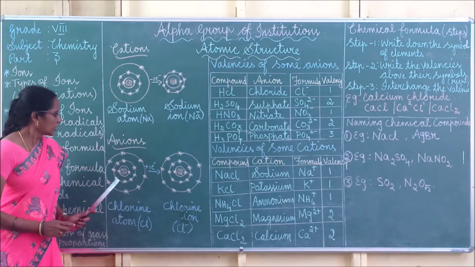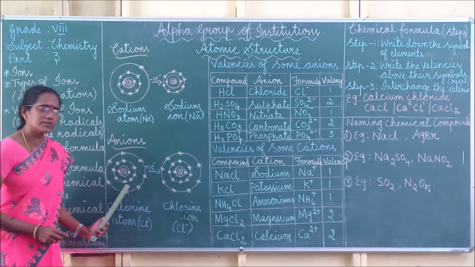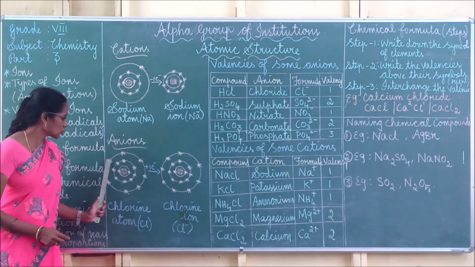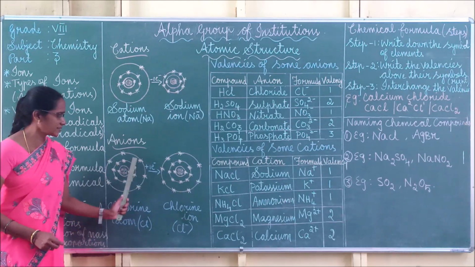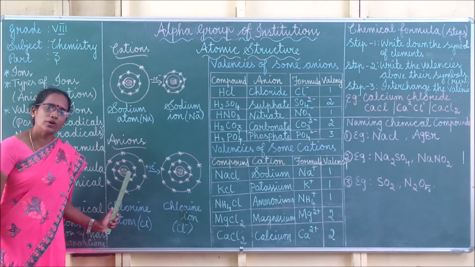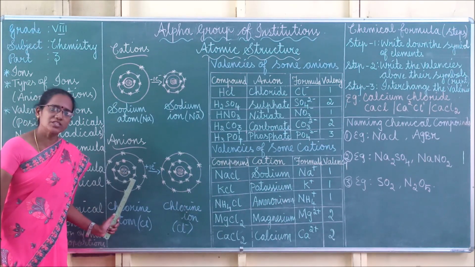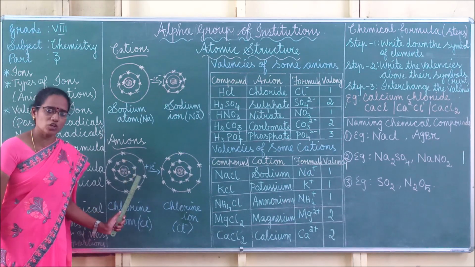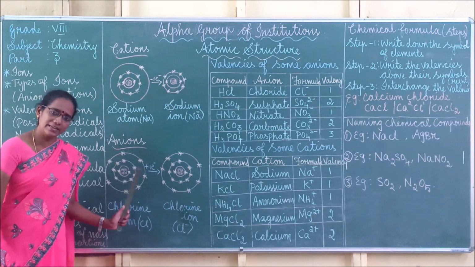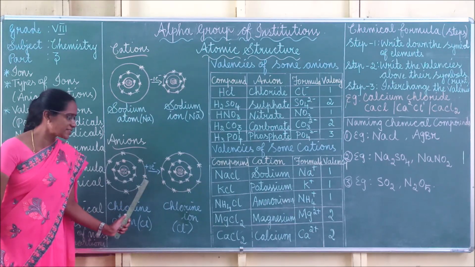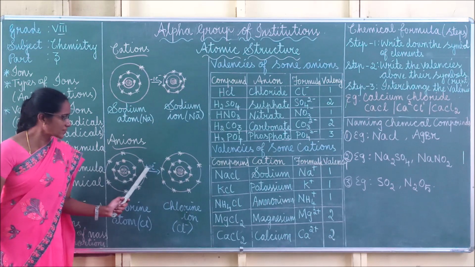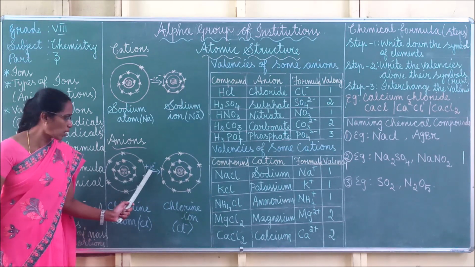Good. Now if you look at the outermost orbit, how many electrons are present? 1, 2, 3, 4, 5, 6, 7. 7 electrons are present. As I told you, when an atom or group of atoms gains an electron, it changes into an ion. Look at this one, plus 1 e minus means gaining of 1 electron.